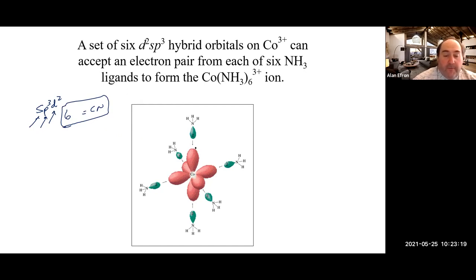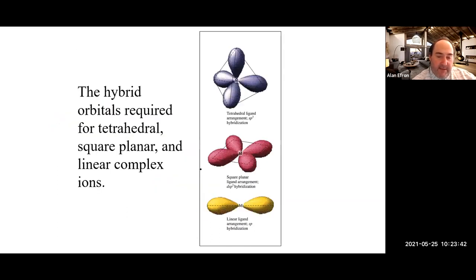The cobalt here is going to accept electrons from these 6 NH3s and make that complex ion, attaching with our 6 nitrogens in a coordination number of 6. Again, that is the hybridization with sp3d2.